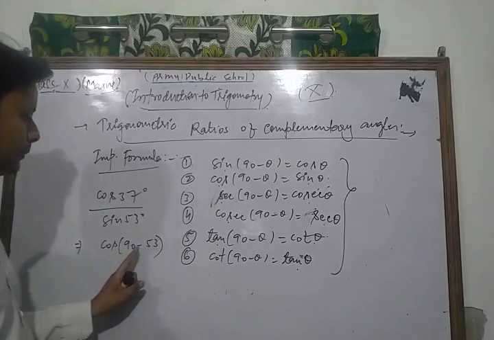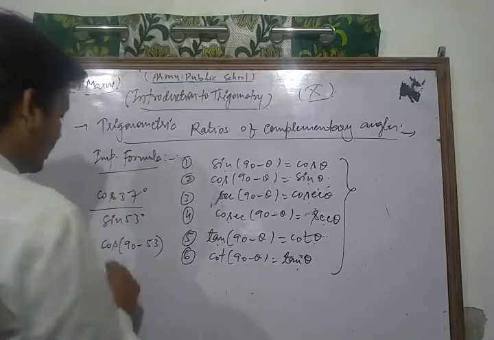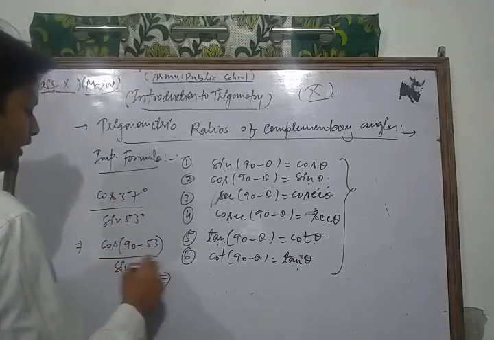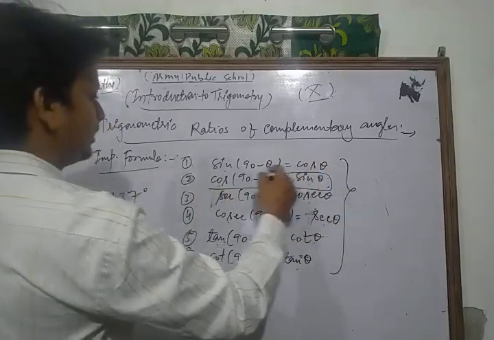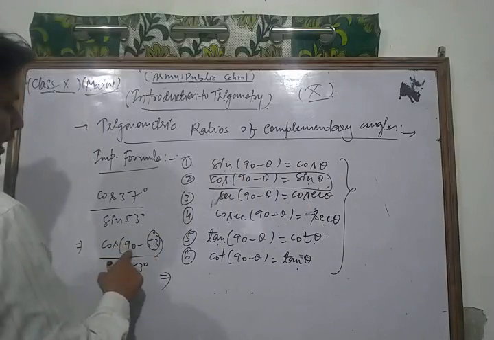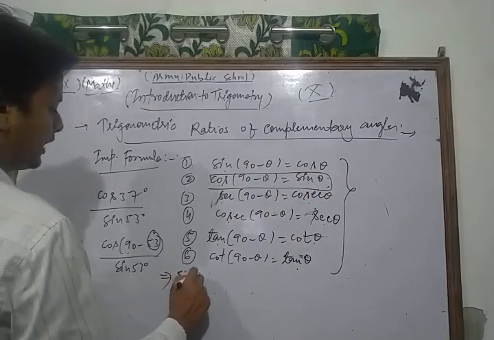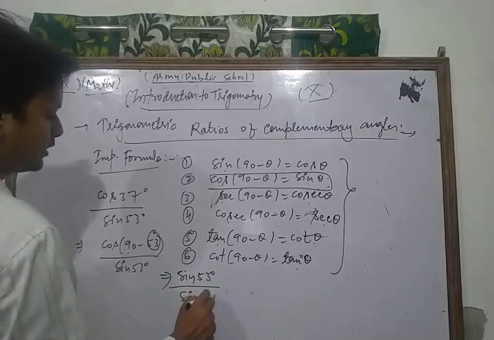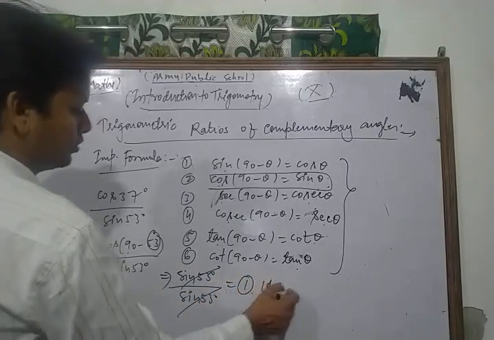If we subtract 53 from 90, then we get 37. Okay, upon sin 53 degree, right as it is. Now this is the formula based on that. Look at this formula. So cos(90 minus theta) is sin theta. So we can write sin 53 degree upon sin 53 degree. Now cancel to each other, so we get 1. So this is the required solution.